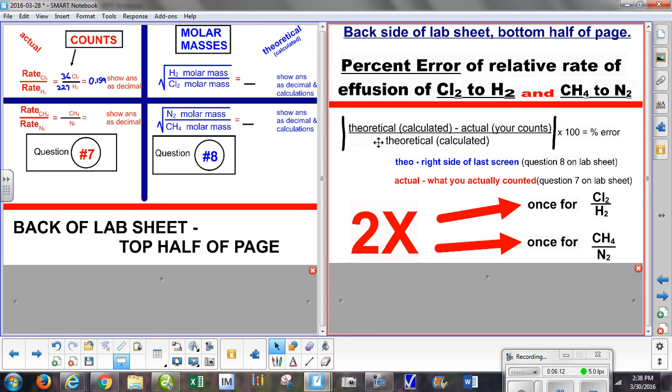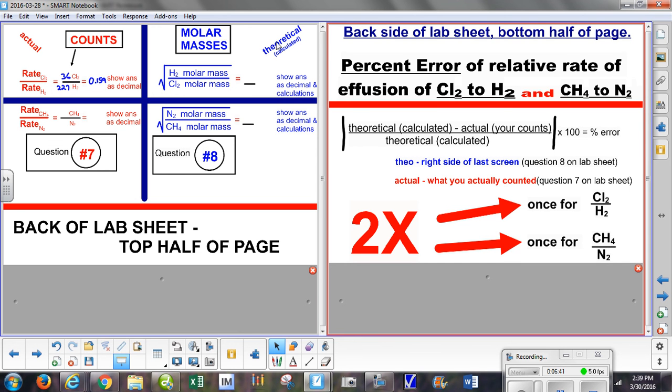So when you're calculating the theoretical and everything being used over here, you're getting a percentage of error. And the theo is the right side of this screen, and the actual comes from the left side of this screen. The left side would be question 7 being answered, and this side would be question 8 being answered.